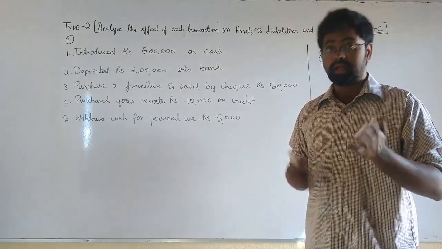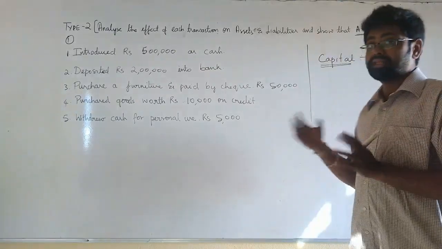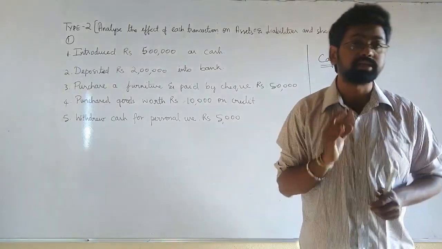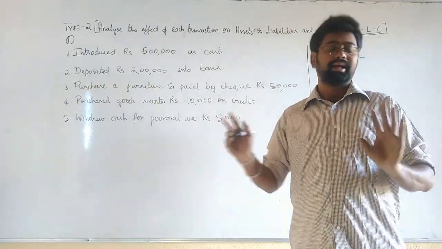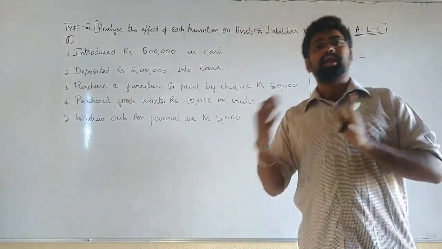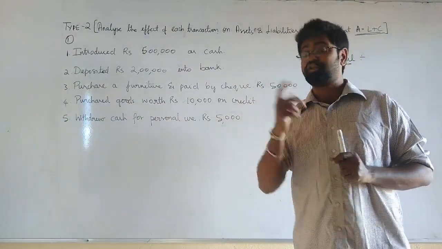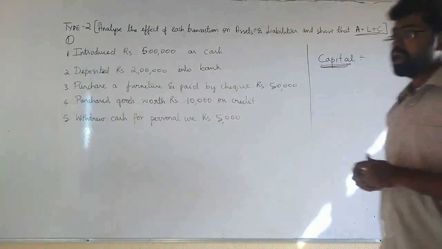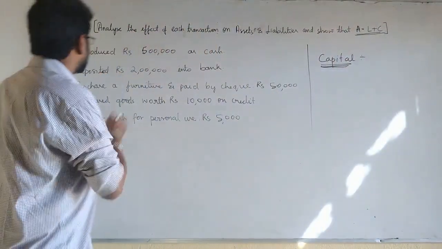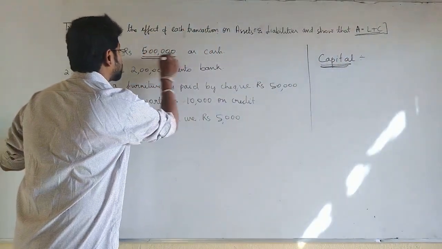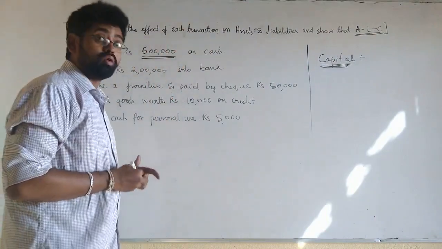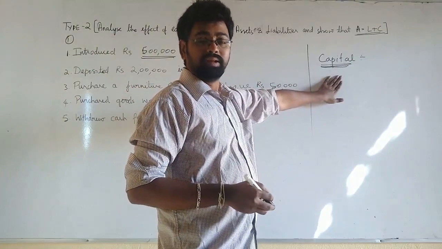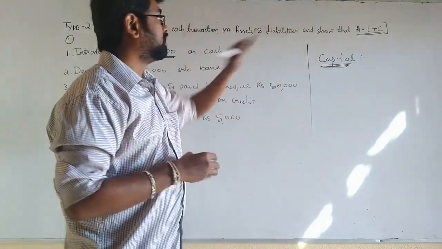Capital is nothing but any money that is introduced by the owner to the business, or any investment made by the owner into the business. What is it called? Capital. So when money is introduced, what is being introduced? Cash is being introduced by the owner into the business, and we call this capital. Please go through this.